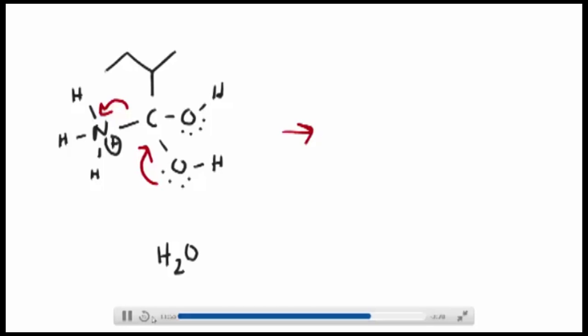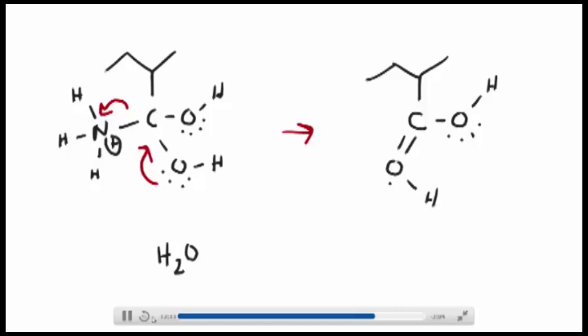I think I can fit this over here. And get this species. Now, this protonated species that I've just made does have resonance delocalization of its positive charge, so let me take the time to draw all of that.